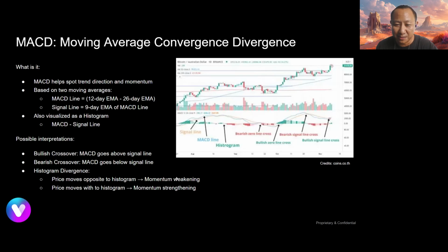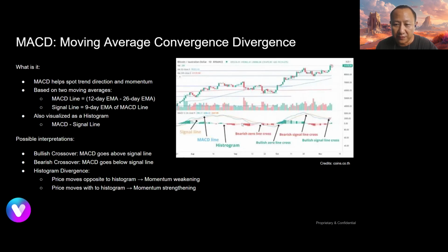They're not participating anymore in the market. All right, so you see that here. You see the price going up, but the histogram is reducing. So that's momentum that's weakening.